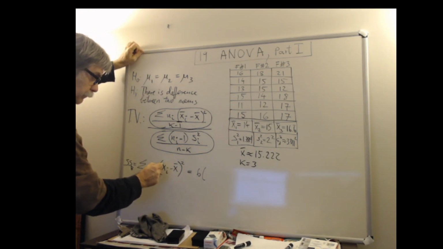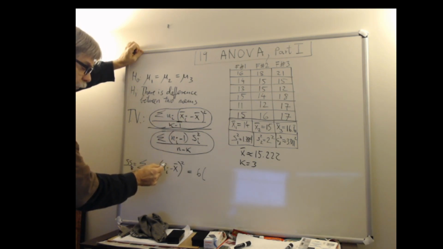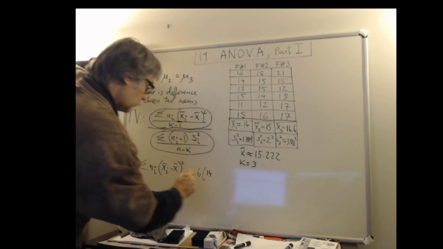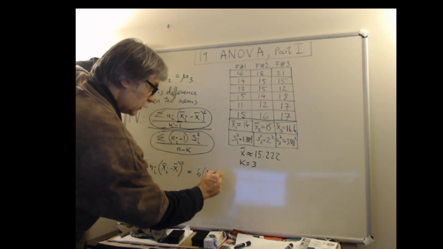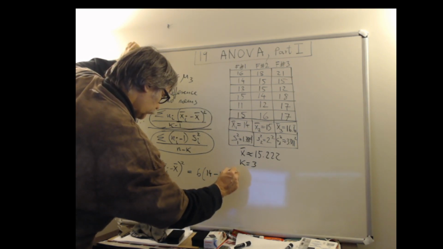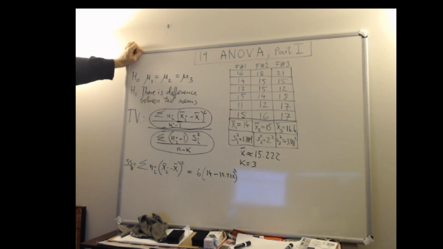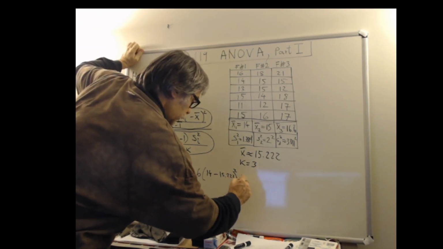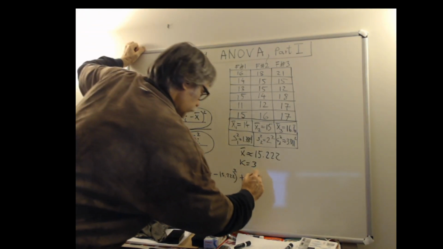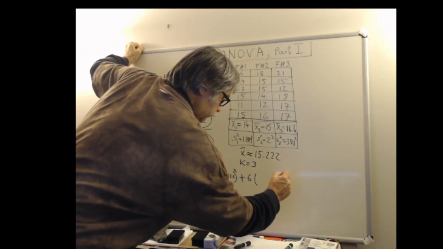The x̄1, I forgot the bar. The mean in the first group, 14, minus the overall mean, 15.222 squared. Second group, 6. There's 6 things in the second group as well.